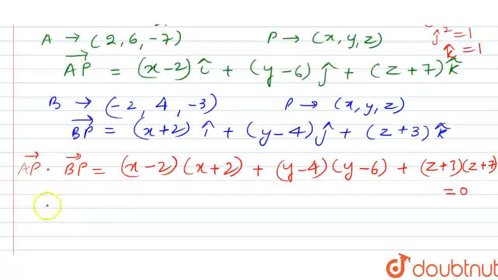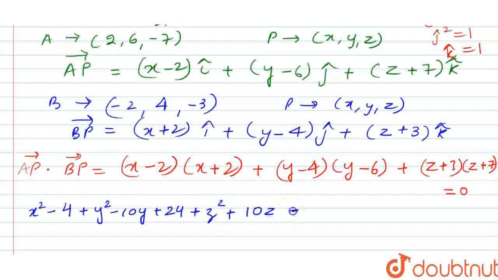Now solving this further, we will get x square minus 4 plus y square minus 10y plus 24 plus z square plus 10z plus 21 is equal to 0.